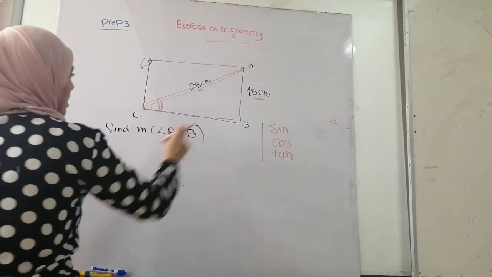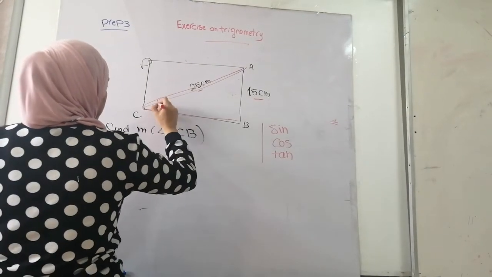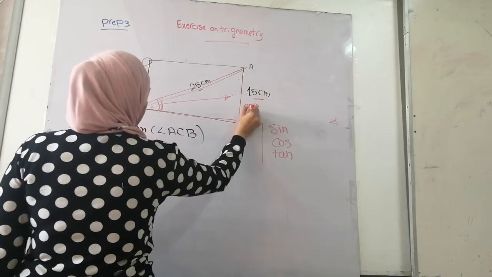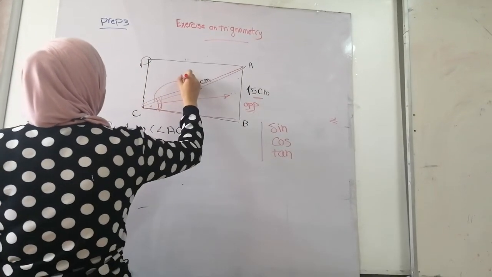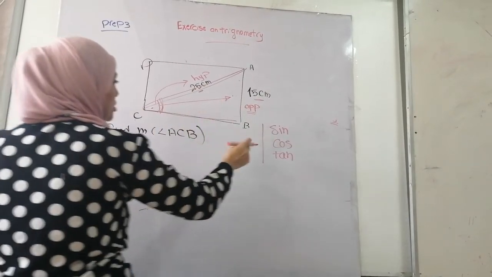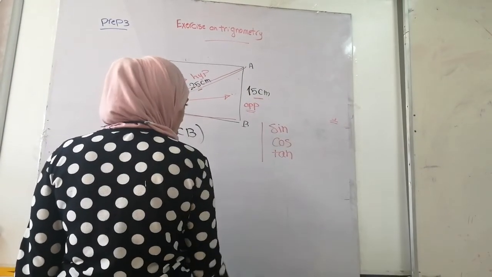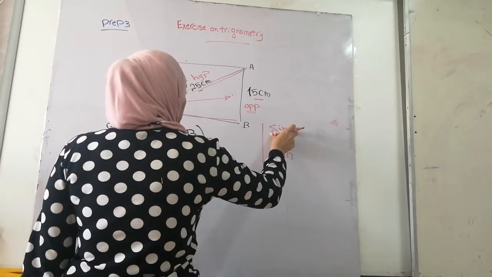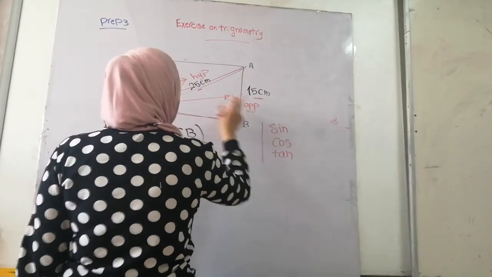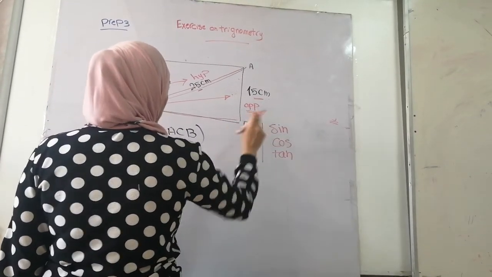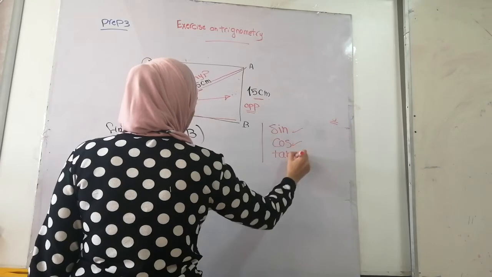Here, should I use sine, cosine or tan? For C, the sides existing are 15 and 25. The 15 relative to C is the opposite. The 25 relative to C is the hypotenuse. So I search among these three trigonometrical ratios for the rule which has opposite and hypotenuse. Sine, cosine or tan?